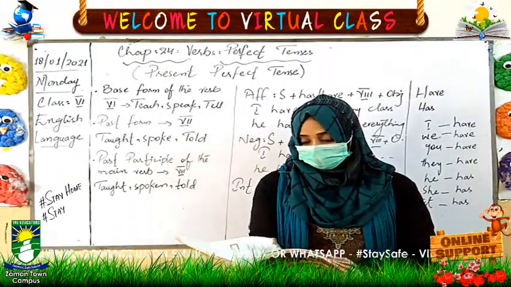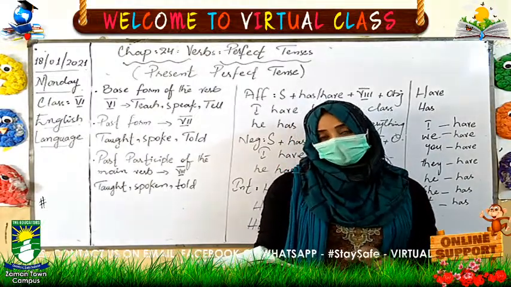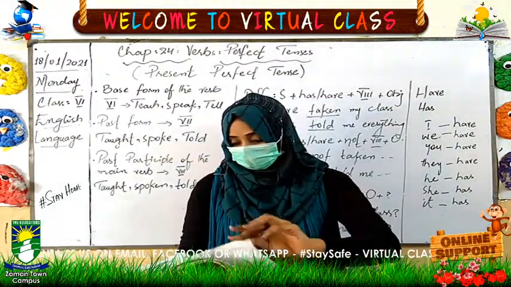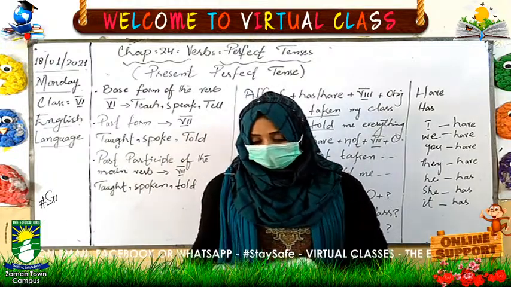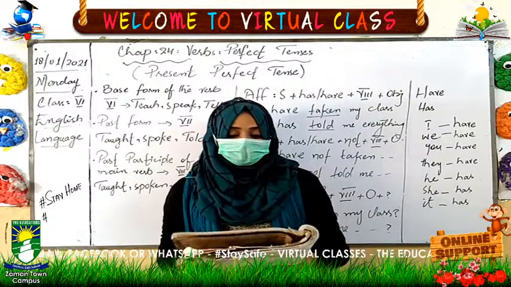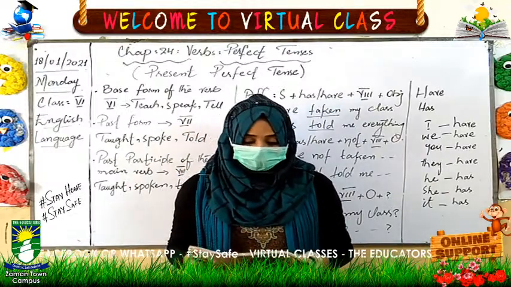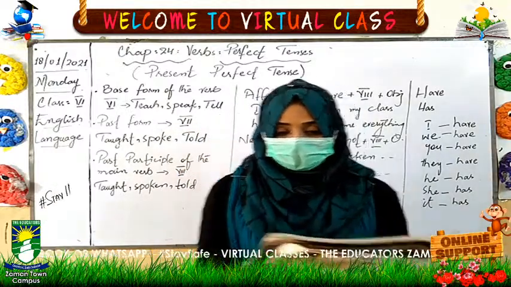Okay. Now, as you do your working, on page number 115. On page number 115, there is an exercise. Change the tense of the verbs in the following sentences as instructed.